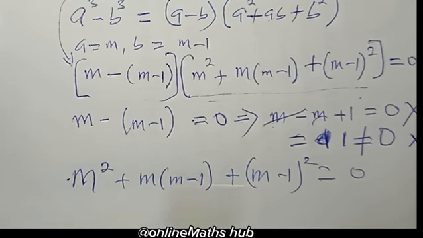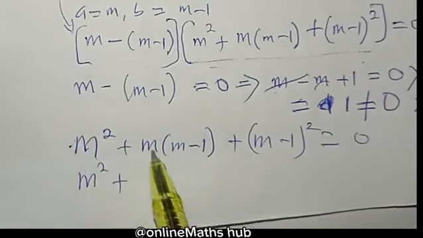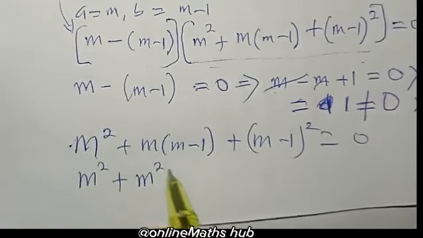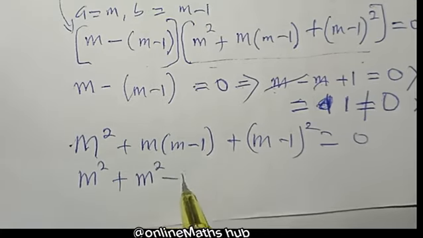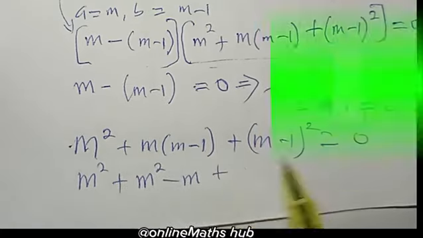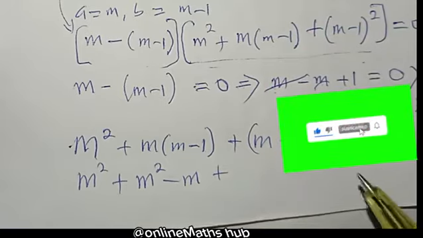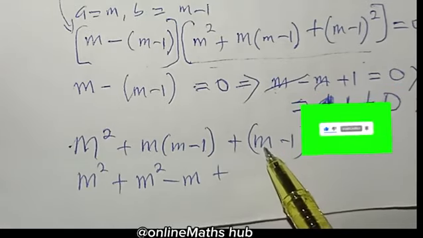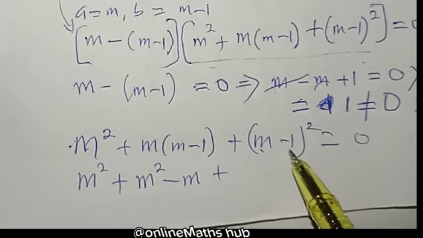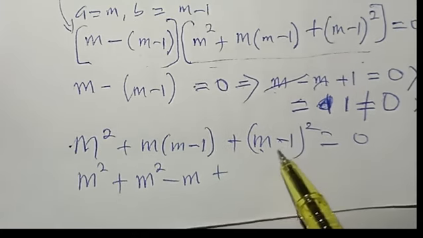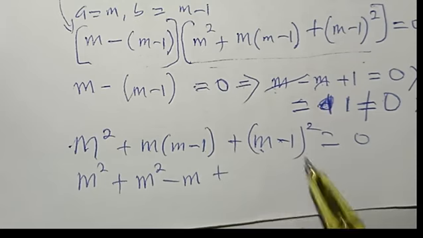I'm just going to go ahead and open this bracket right here. So I have m squared plus m times m is m squared, and then m times minus 1 gives us minus m, plus I also simplify this right here. The easiest way to do that is you multiply the first term by itself. Each time you have a polynomial of degree 2 and you want to multiply it, this is just a simple trick to do that.